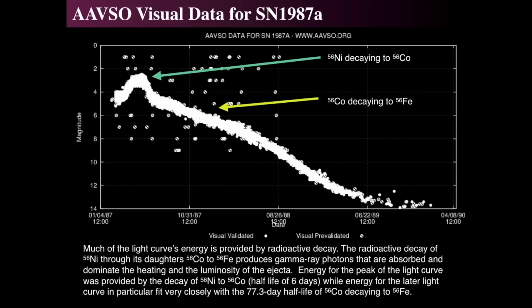So the nickel has a very short half-life, and that's the first decay of the curve, and it got brighter because that stuff was seen. As the shroud of gas was revealed, it got brighter and brighter and brighter. So the first slope down is the dimming as the nickel-56 finally decays and becomes cobalt-56.